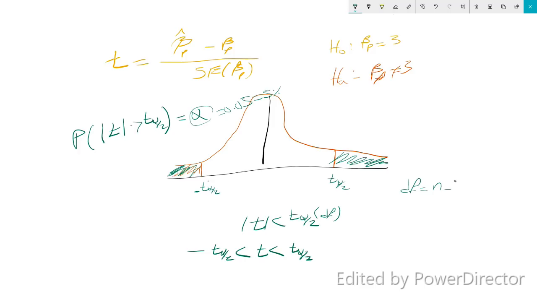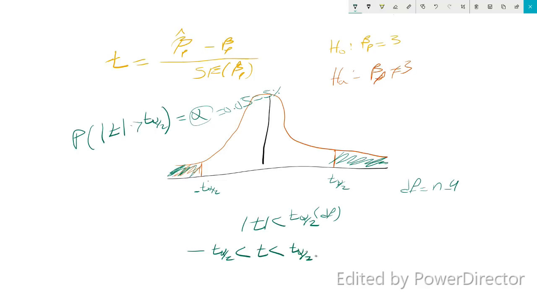In our case, it's 4 parameters, so n minus 4, including the intercept. So this will be our degrees of freedom. If we know the degrees of freedom and the p-value at which we're going to be rejecting the null, we can easily find the critical value. And we're going to do this right now in TSM.